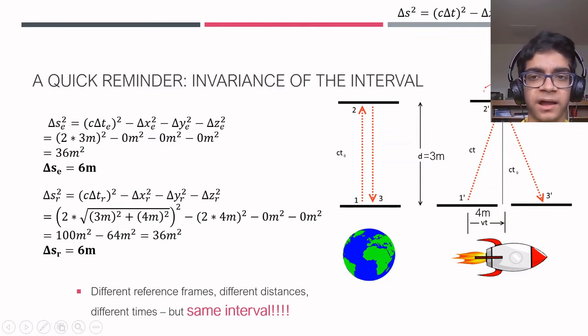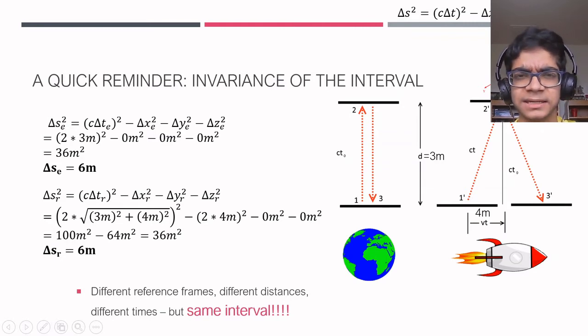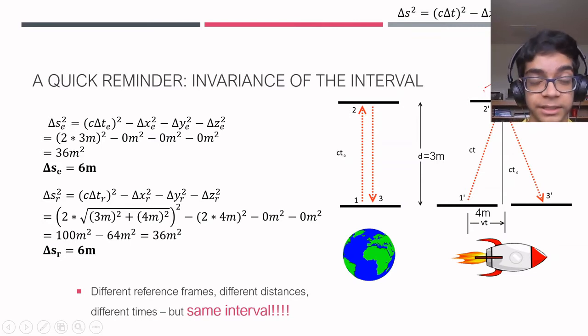That means the light has moved 10 meters in the rocket ship frame. But on Earth, the light has only moved 6 meters, which is really weird.